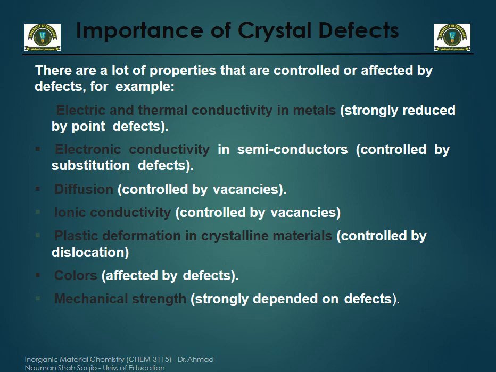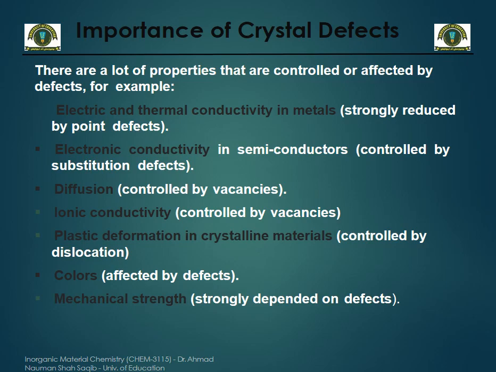Diffusion is controlled by vacancies, and in the same way, ionic conductivity is also controlled by vacancies. Plastic deformation in crystalline materials is controlled by dislocations, of any kind, whether line dislocation, mixed dislocation or screw dislocation.